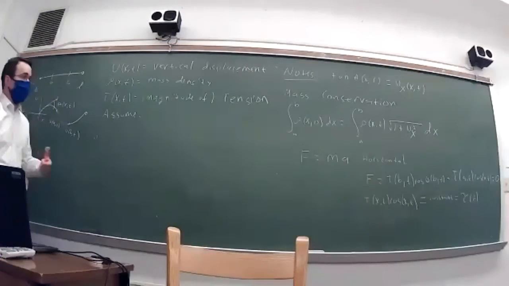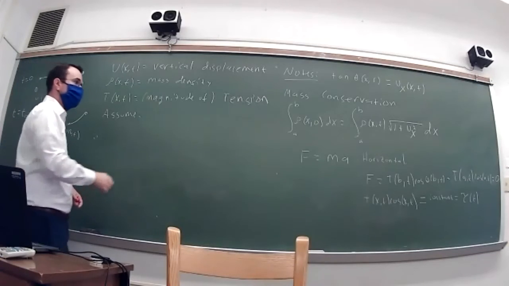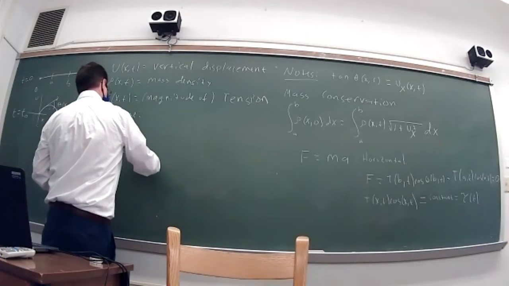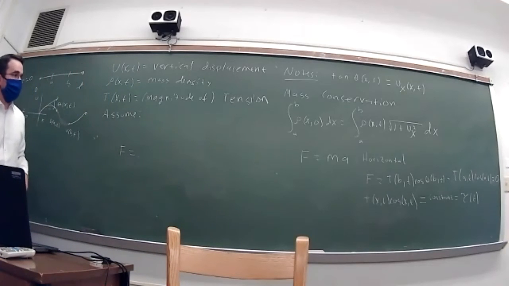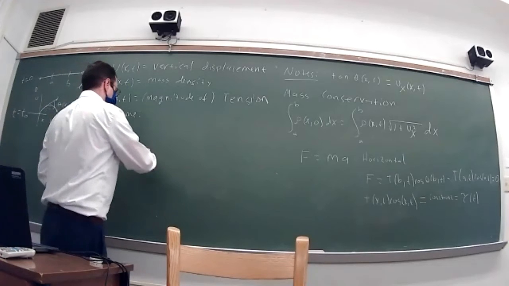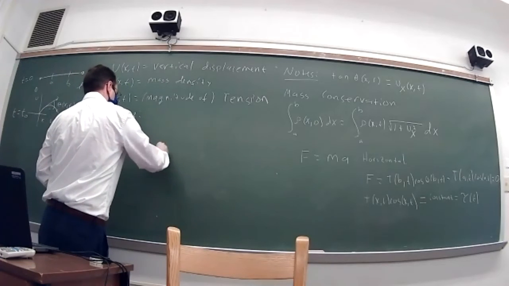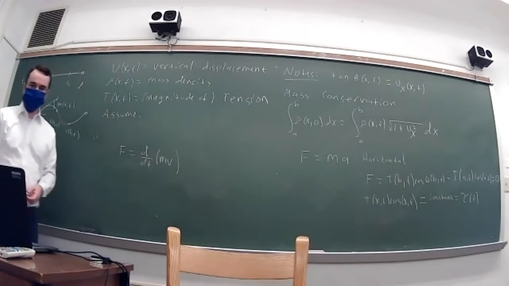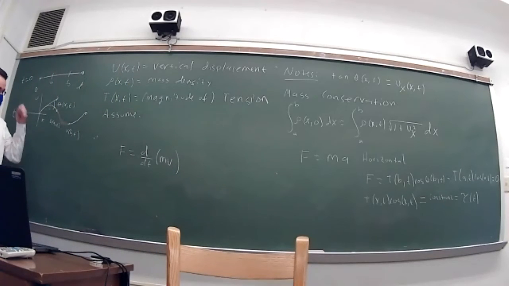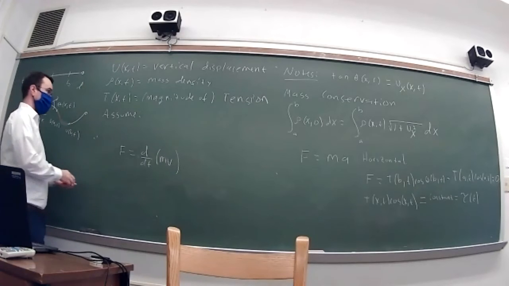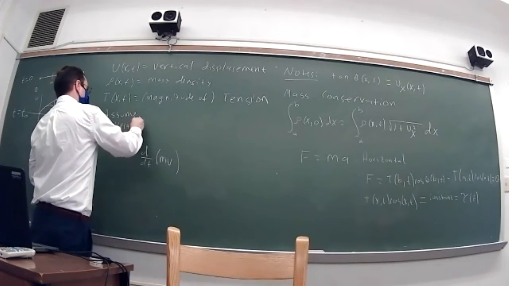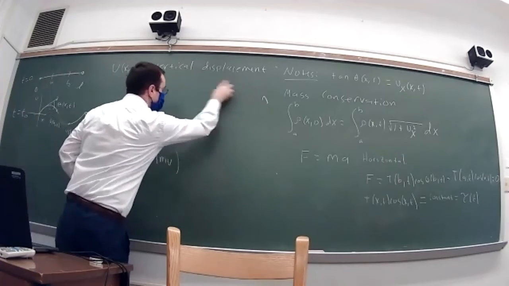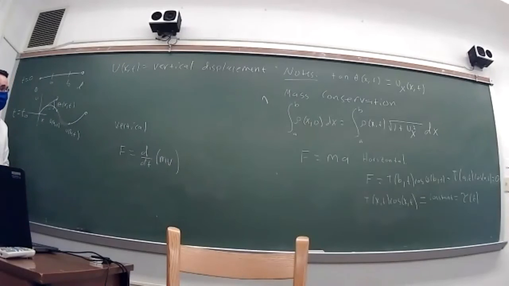Now, on the other hand, what about the vertical component? Let's do F equals mass times acceleration, but let's write this as derivative of momentum. Momentum is mass times velocity. And here, let us talk about the vertical component only.